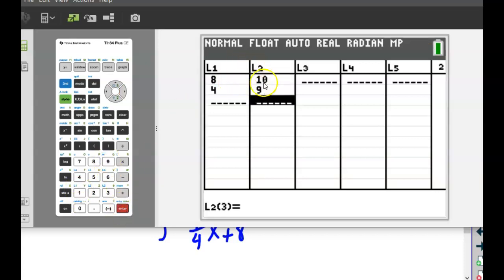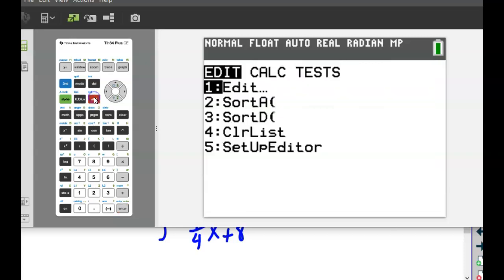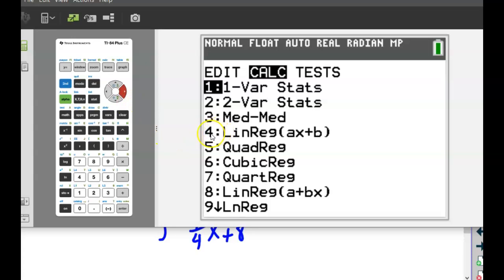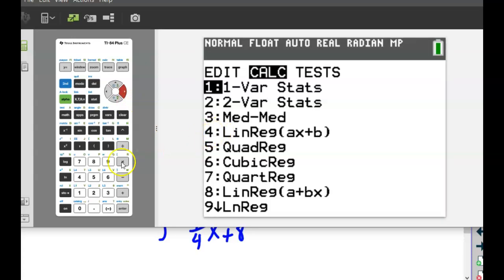Okay, so 8, 10, and 4, 9 were the 2 points you're telling me? Okay, so what am I trying to find the equation of? A line, right? So stat, right arrow, number 4, right? Linear regression.